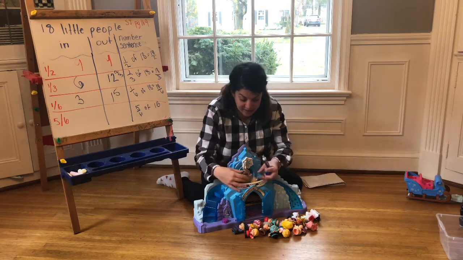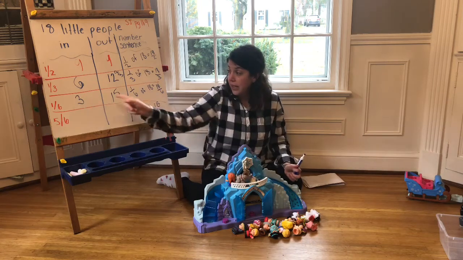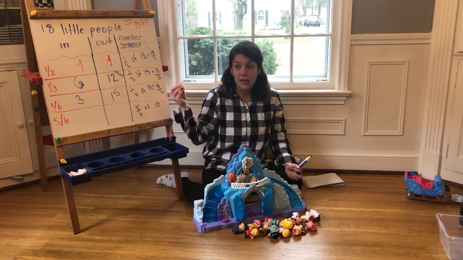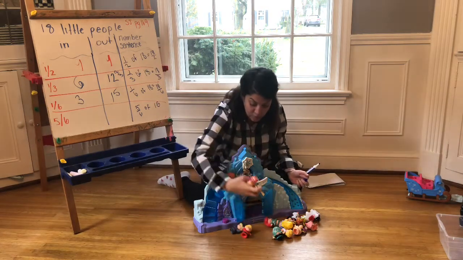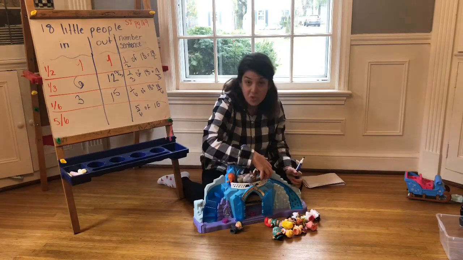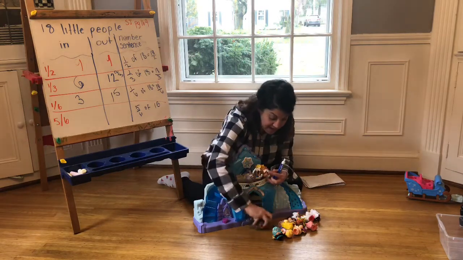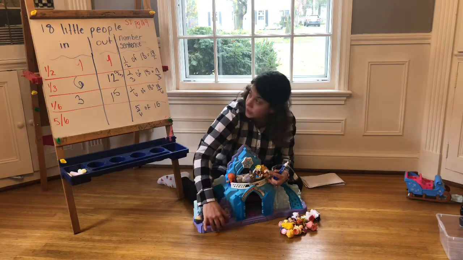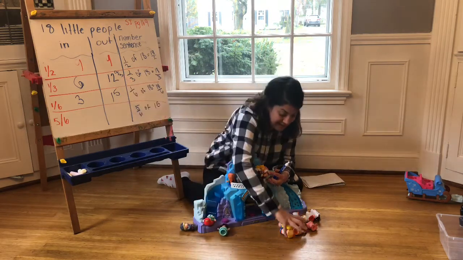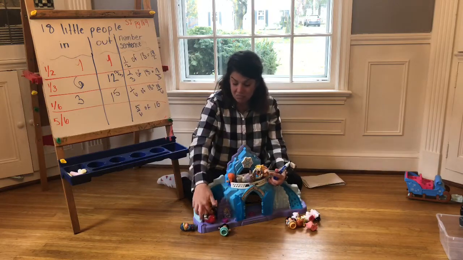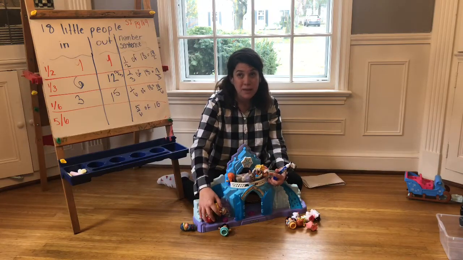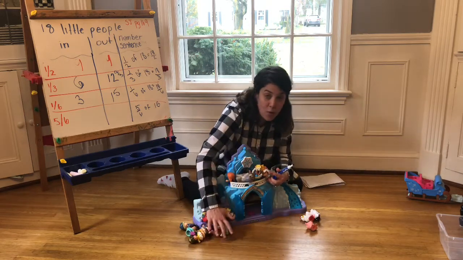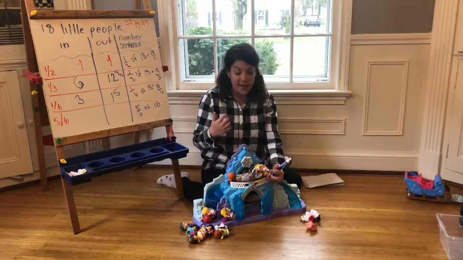Well, if I know that 3 would be 1/6 of 18, then I know if I add 3 more, that would be 2/6. And if I add 3 more, that would be 3/6, or 1/2, which we said was 9. If I add 3 more, that would be 4/6. And if I add 3 more, that would be 5/6.